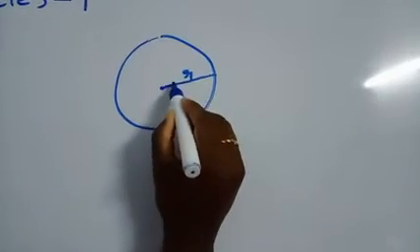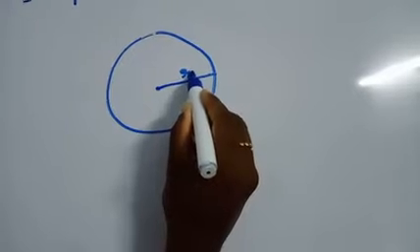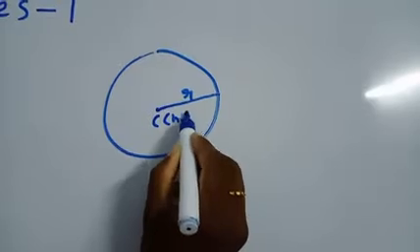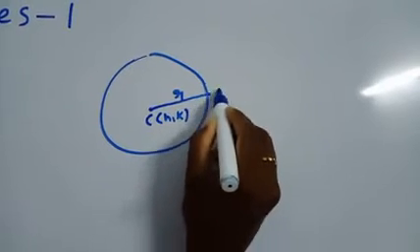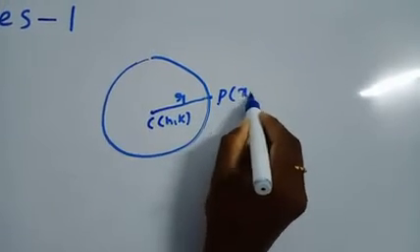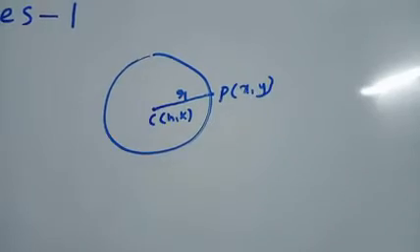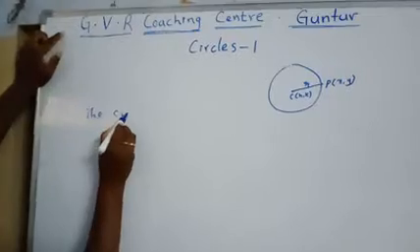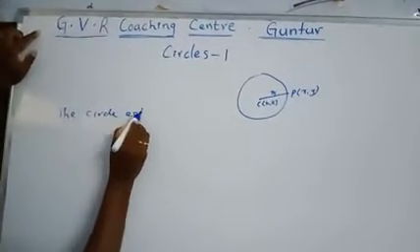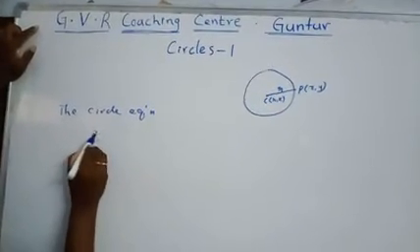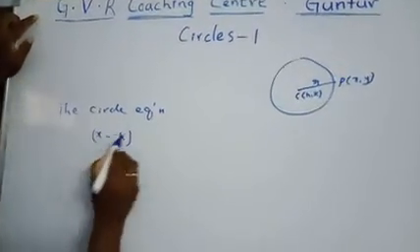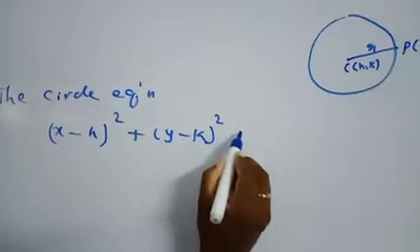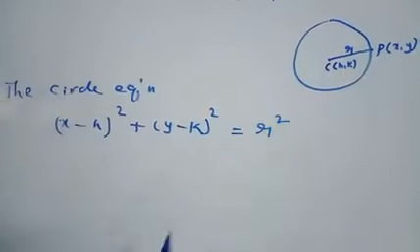The fixed straight line is of length r, the fixed point is C of h comma k, and this is the point P of x comma y. Then the circle equation is x minus h whole square plus y minus k whole square is equal to r square.